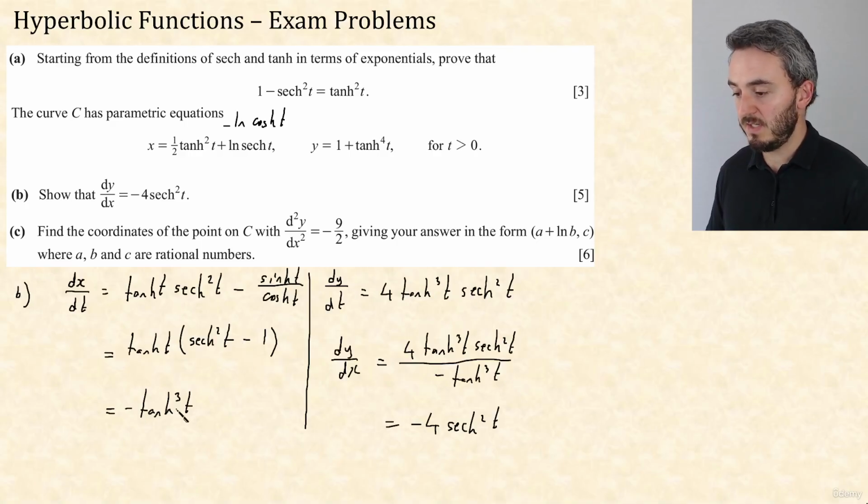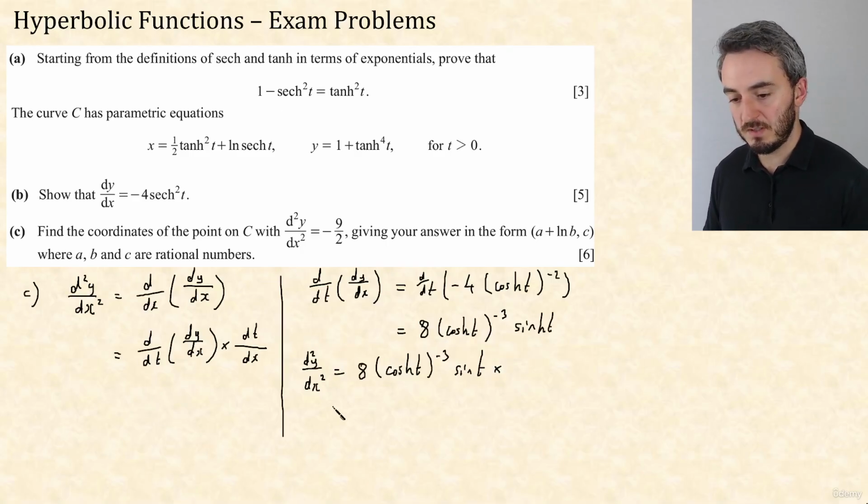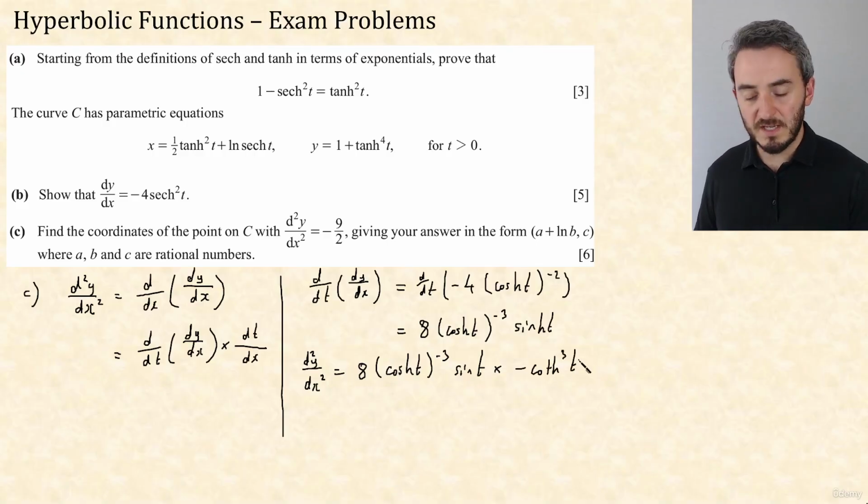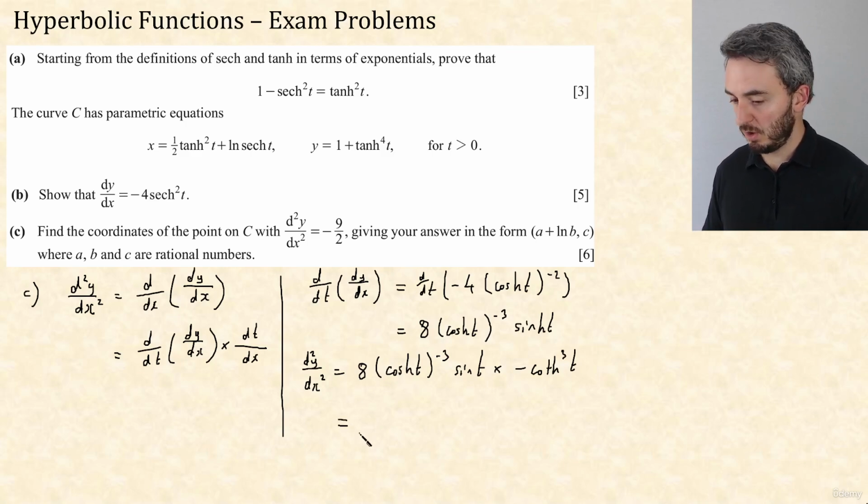Well, dx by dt is that, so it's just the reciprocal of that. So that is minus coth cubed t. Let's make sense of this by converting everything into sinhs and coshs. So what have we got on the top of our fraction?